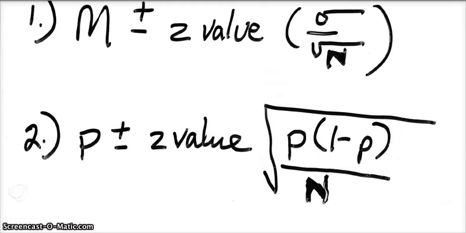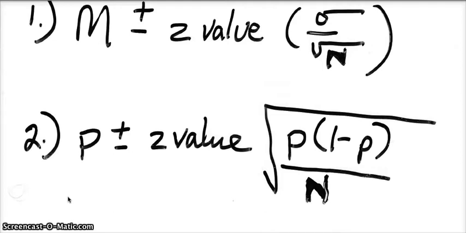Go to the unit normal table and look in the first column for z-values, and you will see 1.96. Go to column D, which is the proportion between the mean and the z-score, or z-value, and you will see 0.4750. Since the normal distribution is symmetrical, there is a distance between z and the mean on both sides.